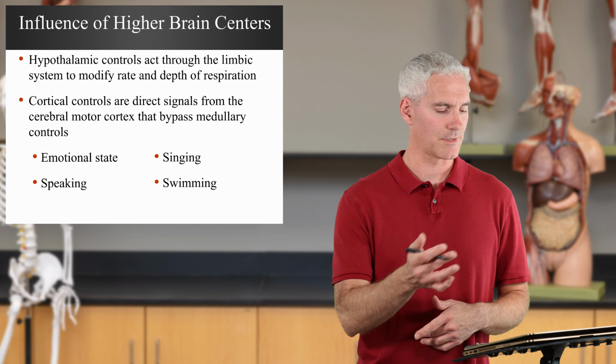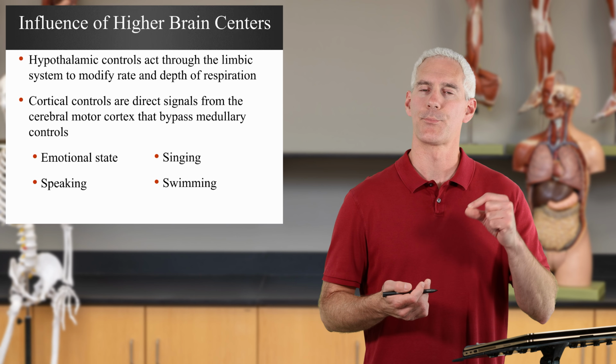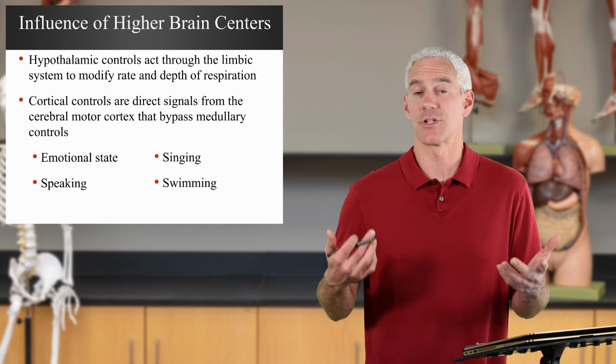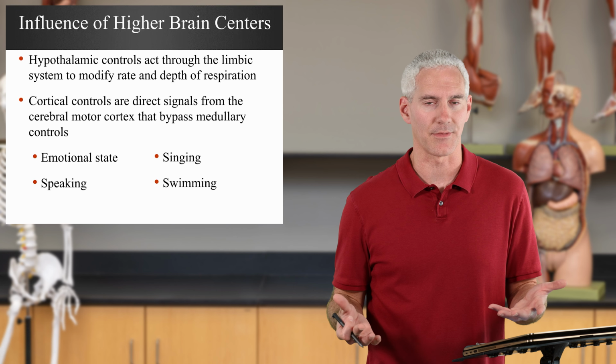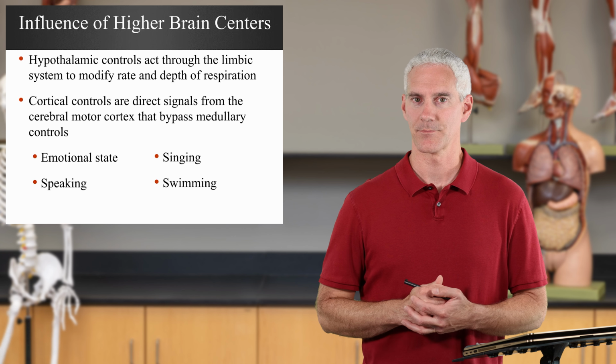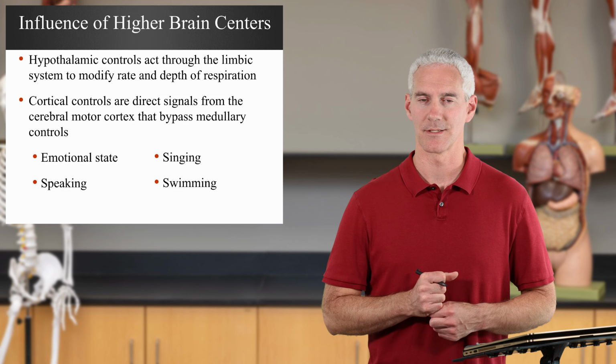Emotional state, singing, speaking, swimming. You're going to modify your breathing patterns to match what you're doing. Obviously, if you're swimming, you put your head in the water, you don't want to breathe. But when you come back up, you take a deeper breath than you would have. So you're modifying your breathing pattern to match your swimming strokes.